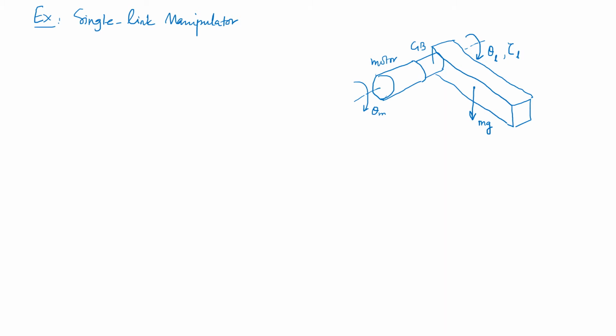But since we have to use the Euler-Lagrange approach, we have to follow certain steps which are consistent with this method. So the very first step would be to find out the generalized coordinates.